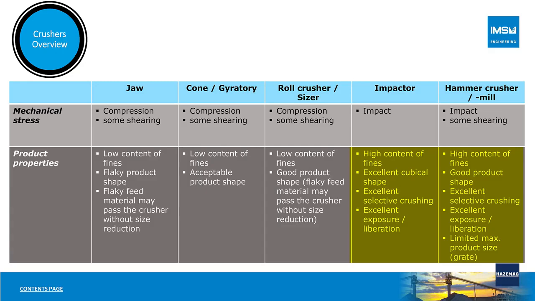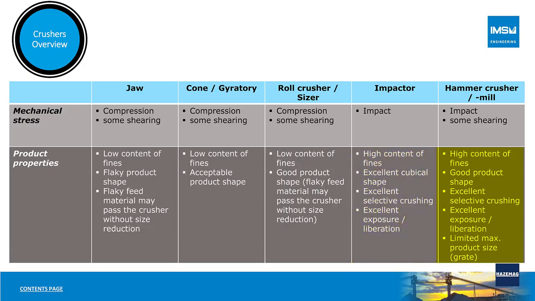Both produce a very high content of fines with a good cubical shaped product. And because the impact forces exploit the inherent cracks in the material, they're very good at exposing the minerals in the material and helping with liberation.